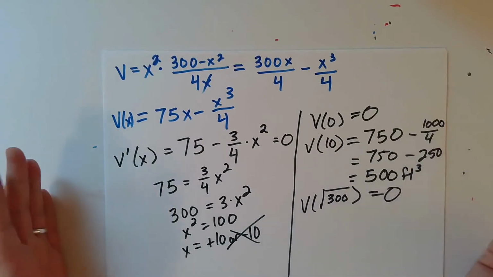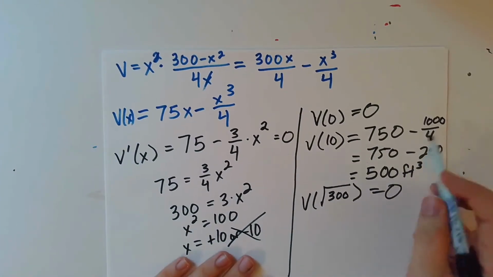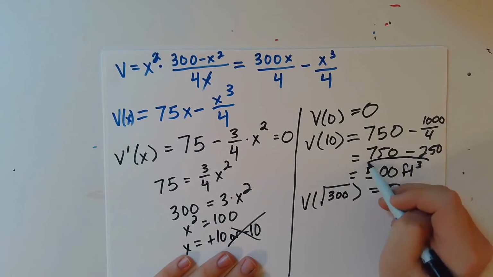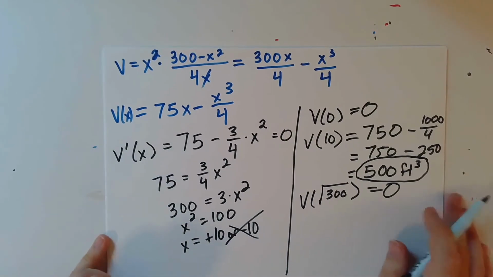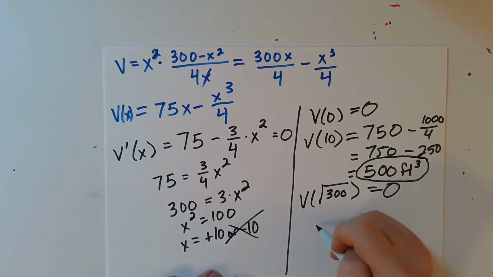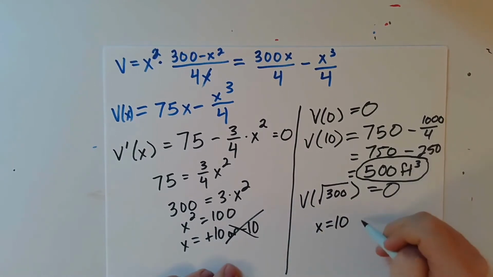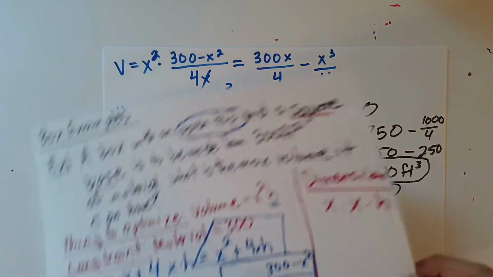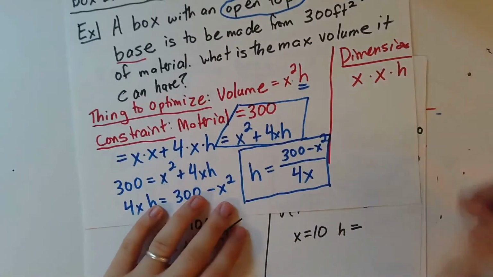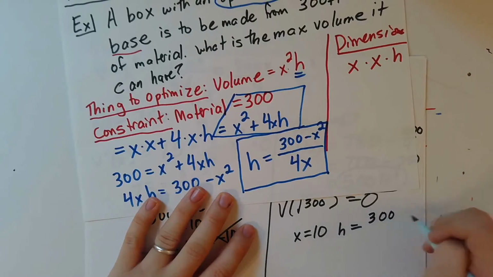So as almost always, but not literally always happens in these problems, the best you can do is in the middle. So the question was, what's the largest volume we can get? The largest volume is 500 feet cubed, and that happens when x is 10, and the height in that case is, and so we can go back here, the height is (300 minus 10 squared) divided by 4 times 10.